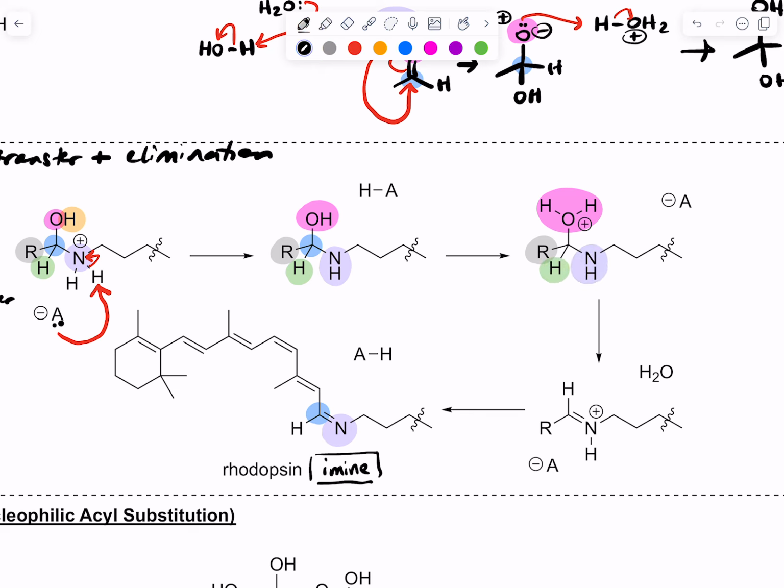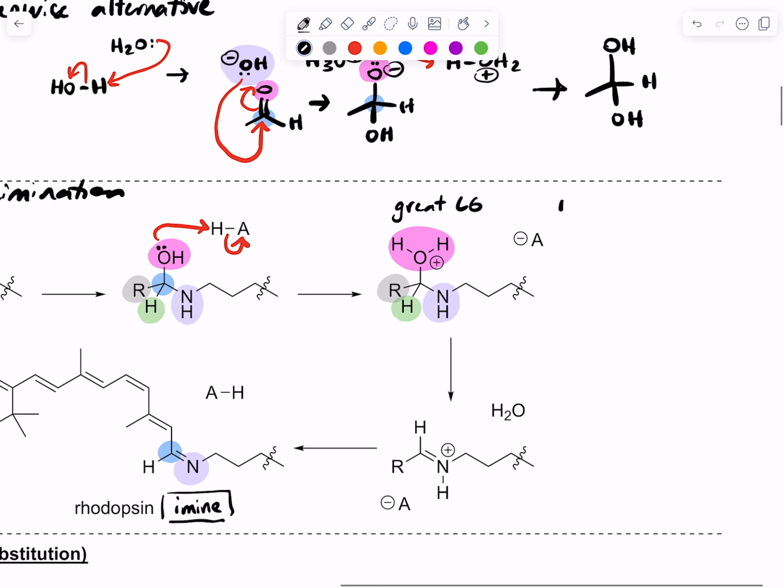That converts just the neutral OH into this OH2 plus group, which is now a great leaving group. You can tell that it's a great leaving group because it would leave as neutral water. Neutral water's conjugate acid has a pKa of -2. And so that's on our list of extremely good leaving groups.